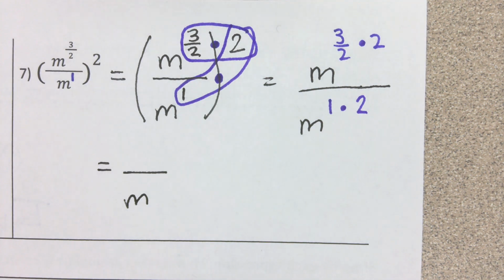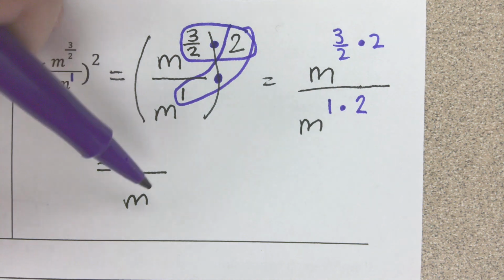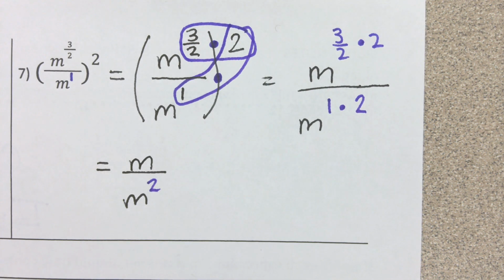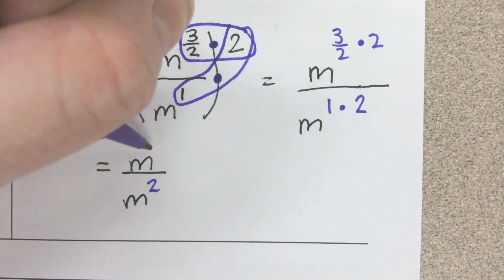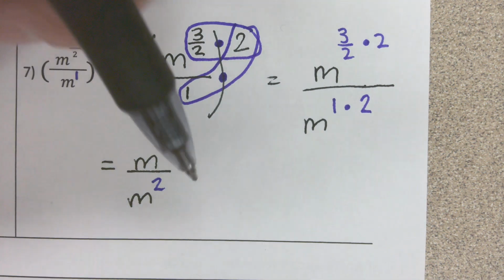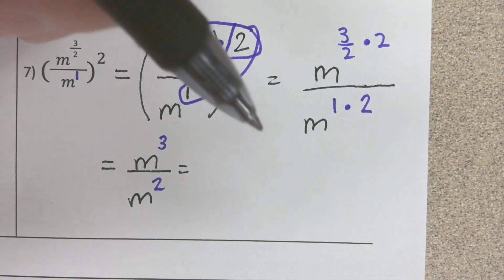On the bottom, 1 times 2, clearly that's going to be 2. On the top, m to the 3/2 times 2, just to save us some time, I'll tell you, that gives you 3. So m cubed. And the fractions are now gone. Now we can divide.